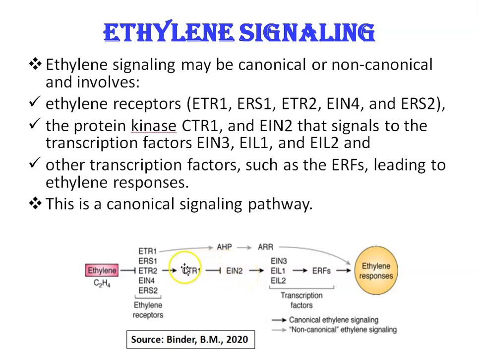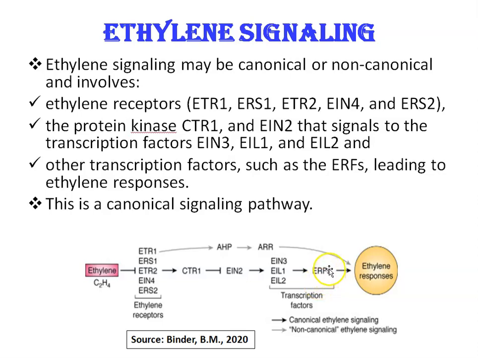What is the function of these protein kinases? They signal to the transcription factors which are present next to them, right? Transcription factors EIN3, EIL1, and EIL2, right? And then two other transcription factors, these are ERFs.